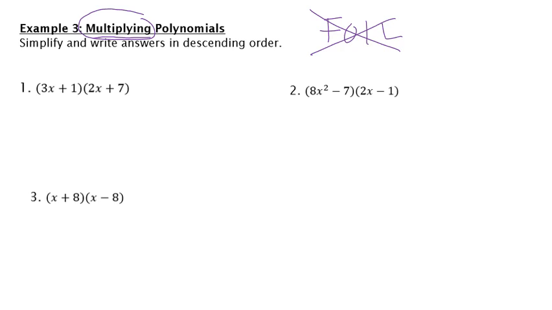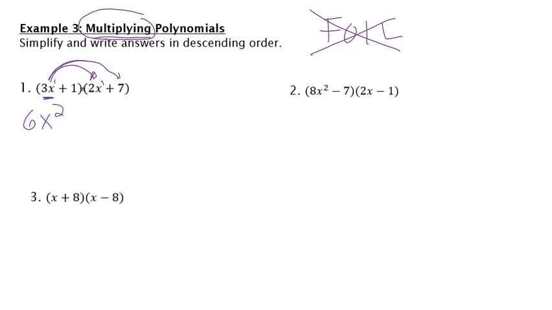So what we're going to do is simply distribute. I'm going to take this 3x and multiply everything in that second parenthesis, because I'm multiplying these two binomials here. So I'm going to distribute 3x to 2x. Remembering, these are little x to the 1, so we're going to add those exponents, and we end up with 6x to the second.